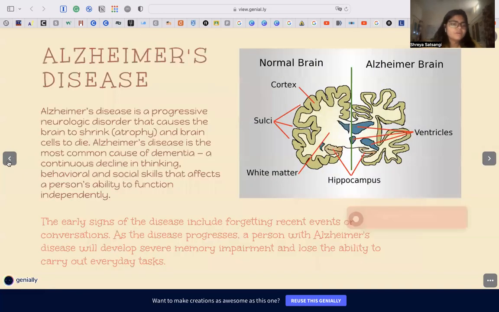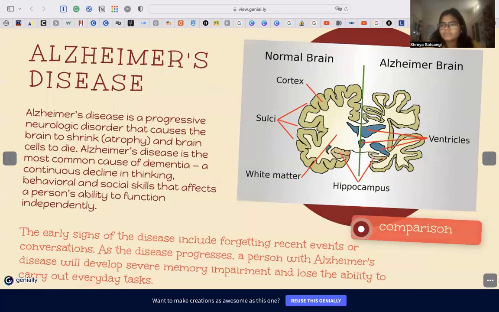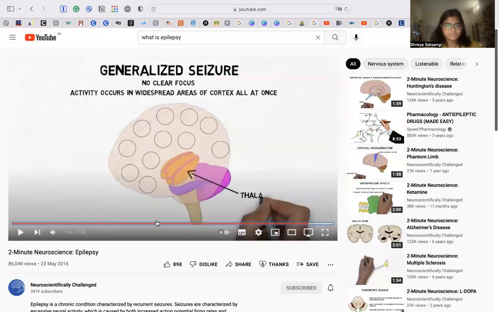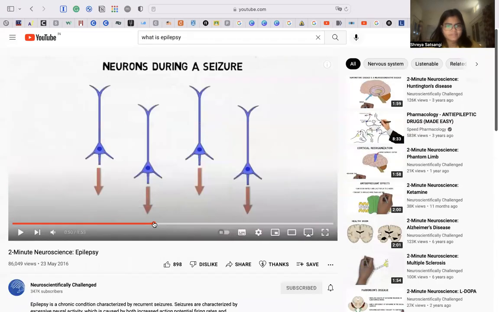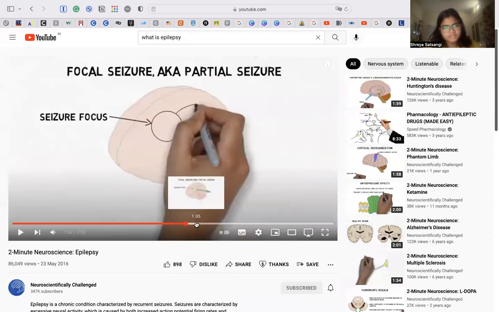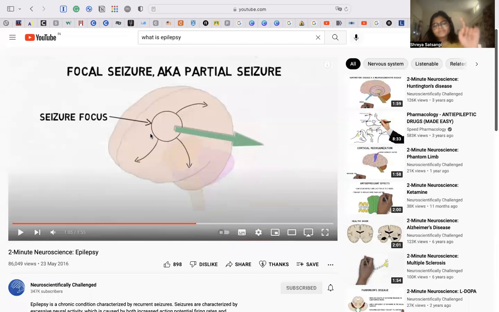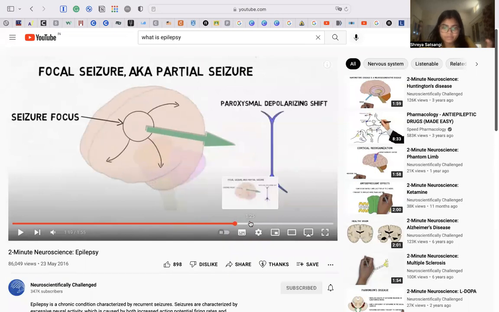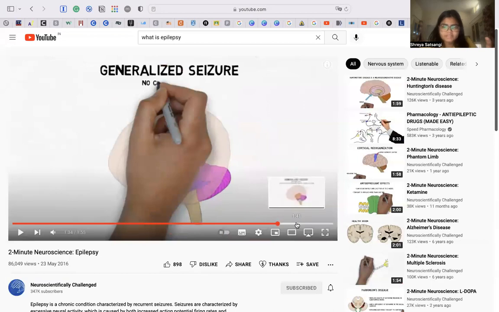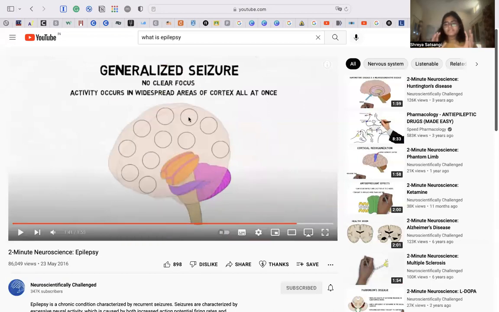Also, before coming to Alzheimer's disease, I wanted to show that we basically have two types of seizures. The first type is focal seizure. In a focal seizure, we know the particular area where the seizure will come from. But the other type is called generalized seizure, where we don't know the clear focus.